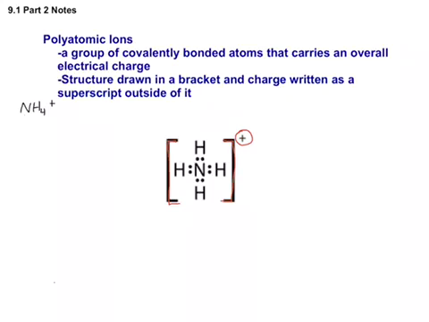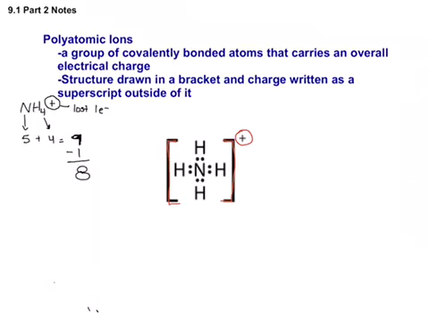We know that nitrogen gives us 5 valence electrons, and the 4 hydrogens give us 4, for a total of 9 electrons. However, this plus sign indicates that we lost 1 electron. And so that has to get reflected in our diagram. So we lose that 1 electron, and our diagram needs a total of 8.